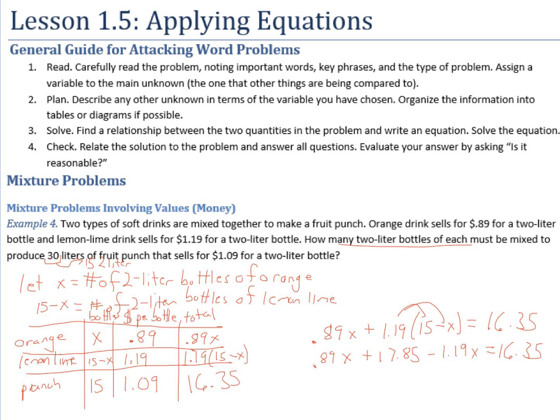We can do a few things here. We can add these together. So 0.89 and negative 1.19 is going to give us negative 0.30, sorry. Or you could just put negative 0.3. And at the same time, so I added those like terms, I'm going to go ahead and subtract 17.85 from both sides.